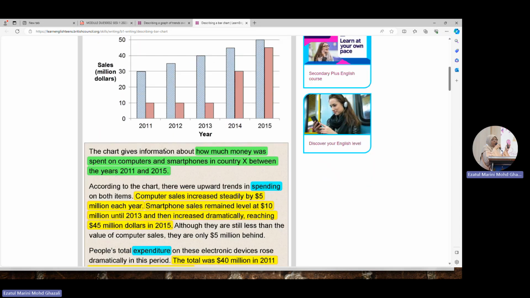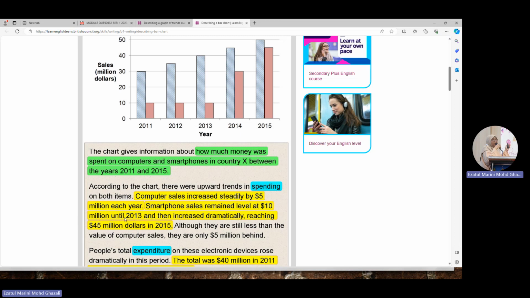The chart gives information about how much money was spent on computers and smartphones in country X between the years 2011 and 2015. According to the chart, there were upward trends in spending on both items, meaning that you're spending more and more, right?